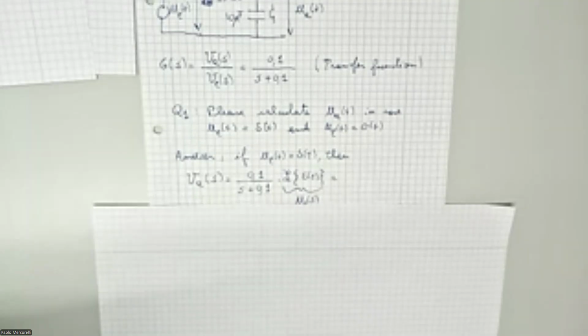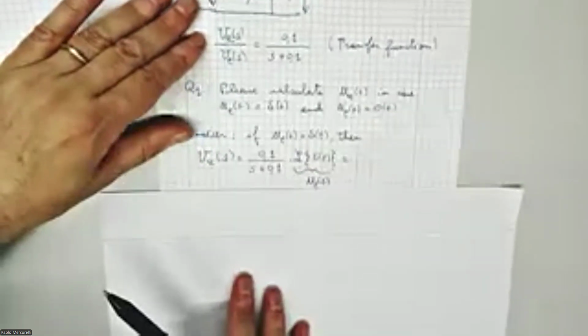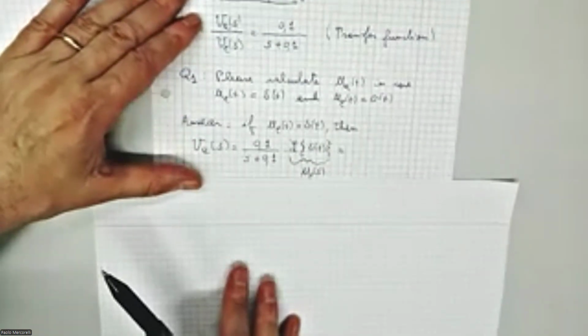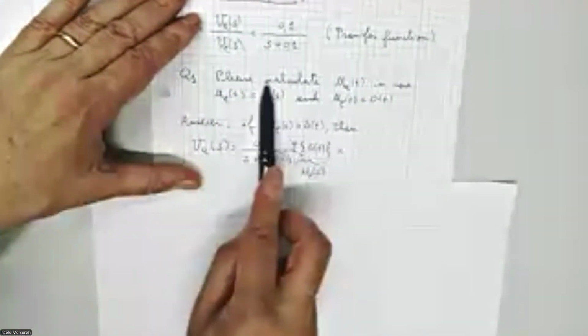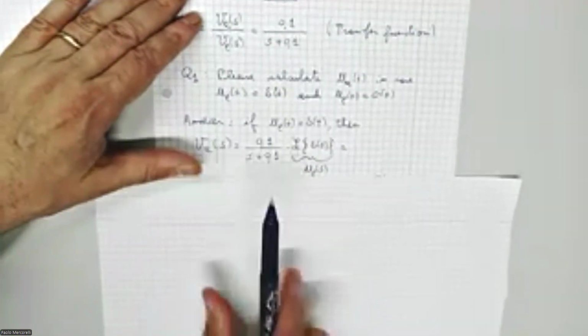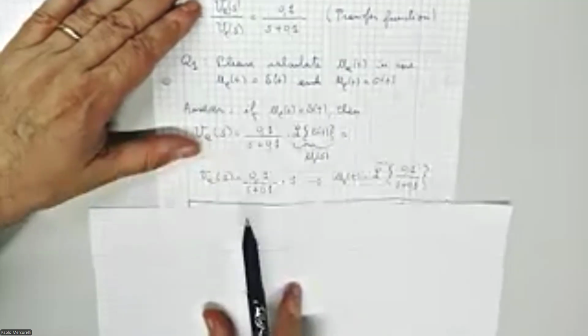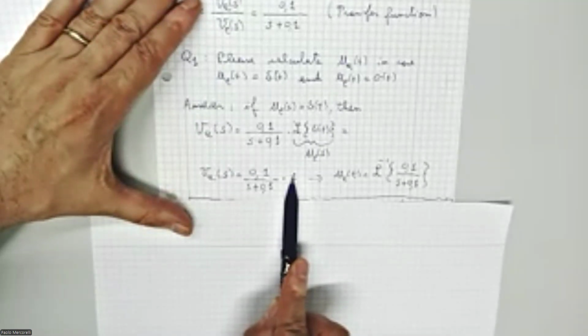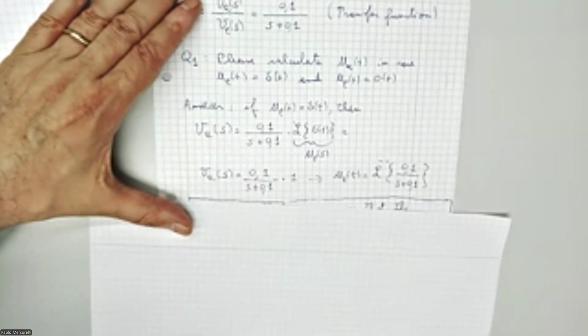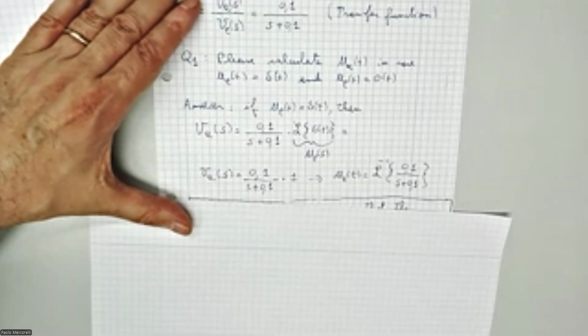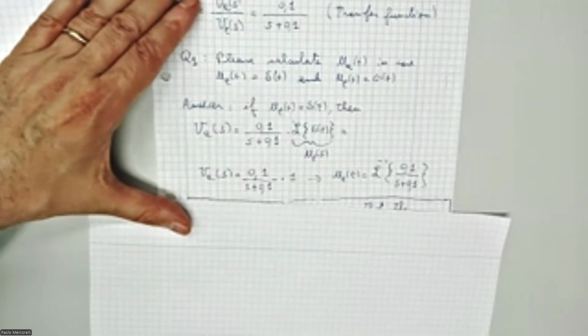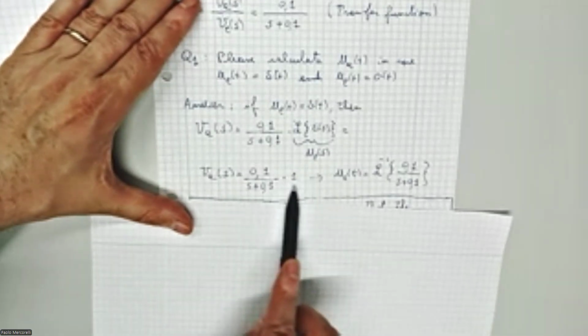I have to call really quickly. The question is calculate the voltage here in case we have this one. But it's not difficult because the Laplace of this is 1. Therefore, I told you that the transfer function is the answer or the response to the unit input, because the Laplace is 1.